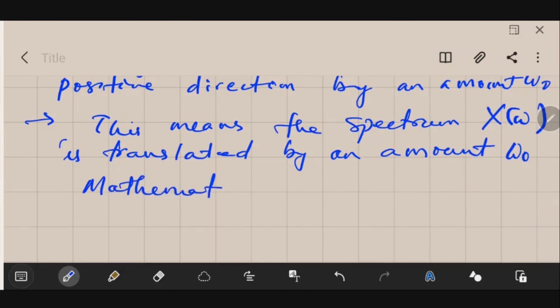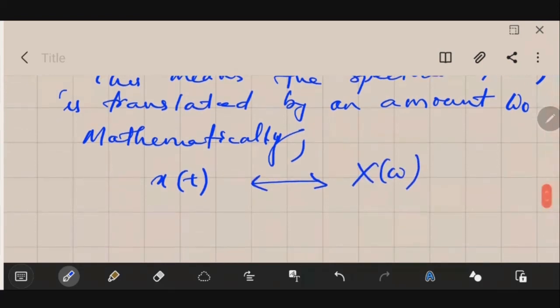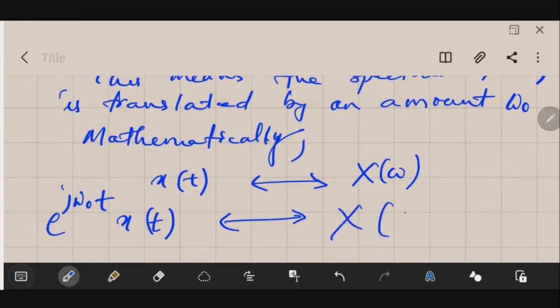Mathematically, we could write it like this: if x of t, after Fourier transform, is capital X of omega, then x of t multiplied with e to the power j omega 0 t has a Fourier transform equivalent to X of omega minus omega 0.